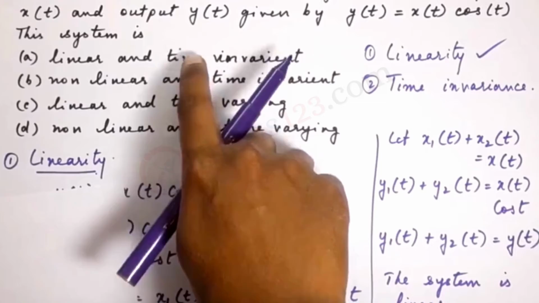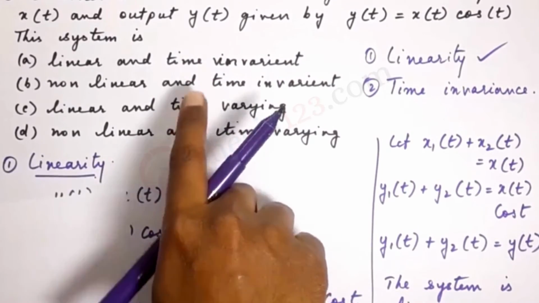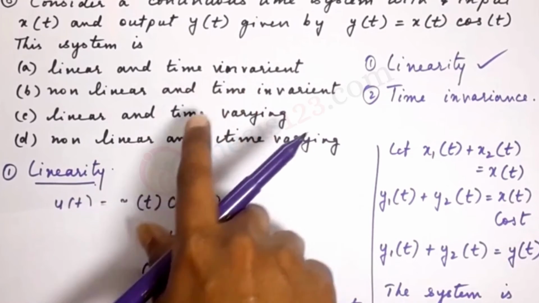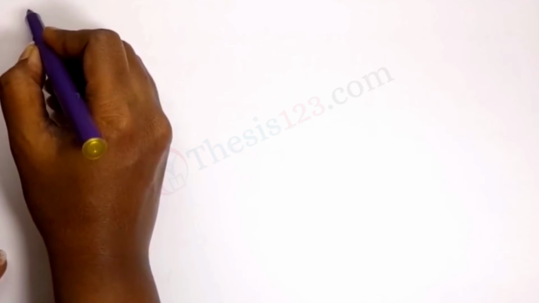So we are left with either A or C. We have to see if the given system is time invariant or time varying. Basically, if a delay is given in the input signal, we have to check whether the output changes as an entire function or it doesn't change. Either it changes or it doesn't change.